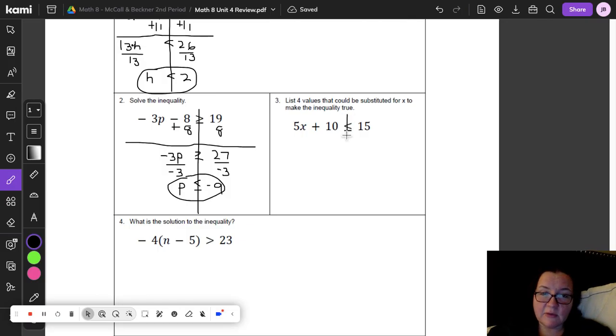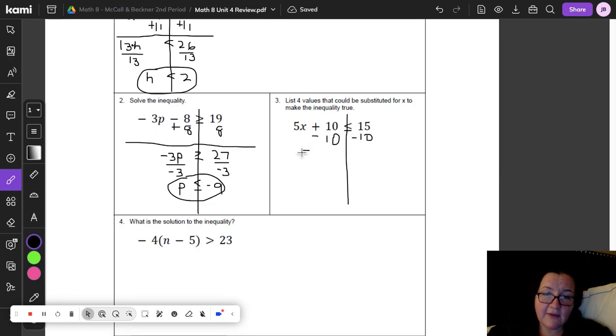Okay, so we're going to make our line down. And we're going to figure out, are there any like terms we can combine? I'm not seeing any yet. So next step is to do any addition or subtraction. Okay, so it looks like we could get rid of this 10, right, because we're adding it. In order to move it to the other side, we need to do the inverse operation, which would be to take it away from both sides.